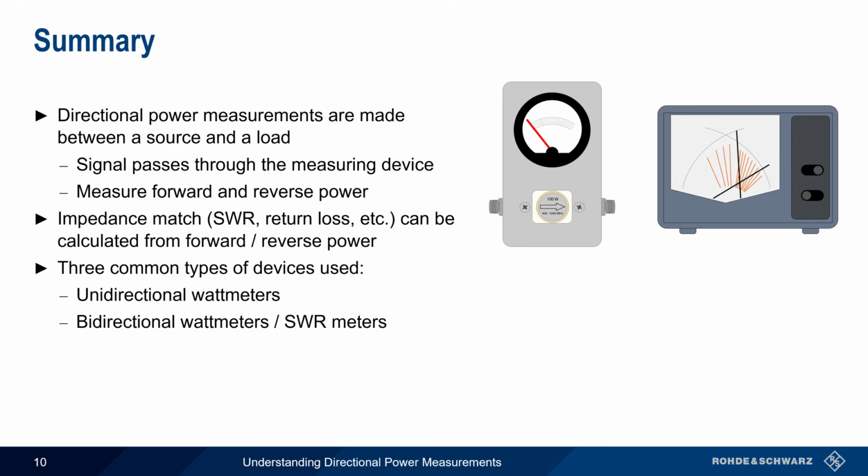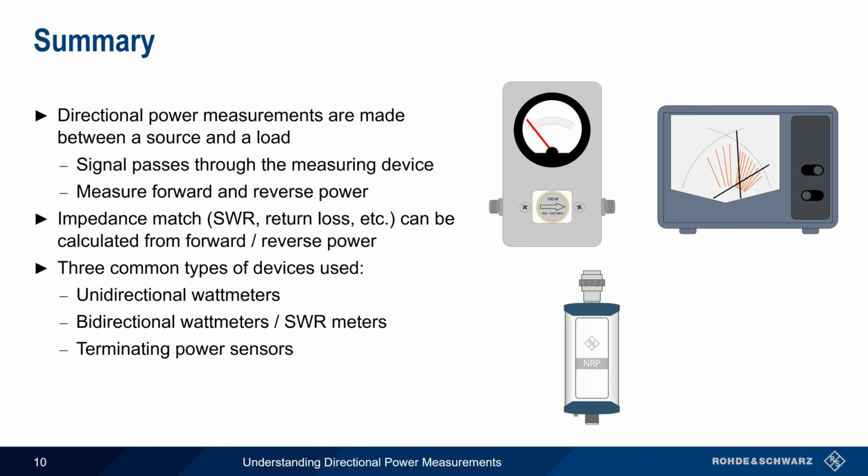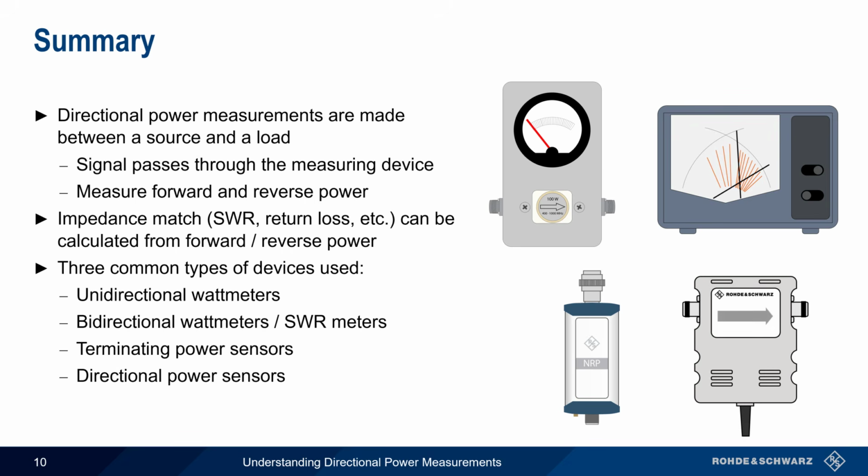Bidirectional wattmeters, on the other hand, can measure in both directions simultaneously, and because these measurements are often used to display standing wave ratio in real time, they are sometimes also referred to as SWR meters. Terminating power sensors can be used together with directional couplers to measure directional power, but dual-port directional power sensors provide the highest accuracy, functionality, and flexibility of all of these methods.